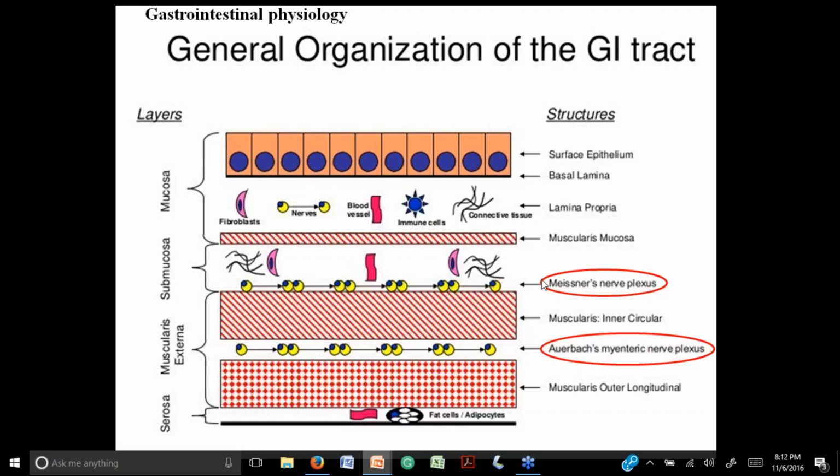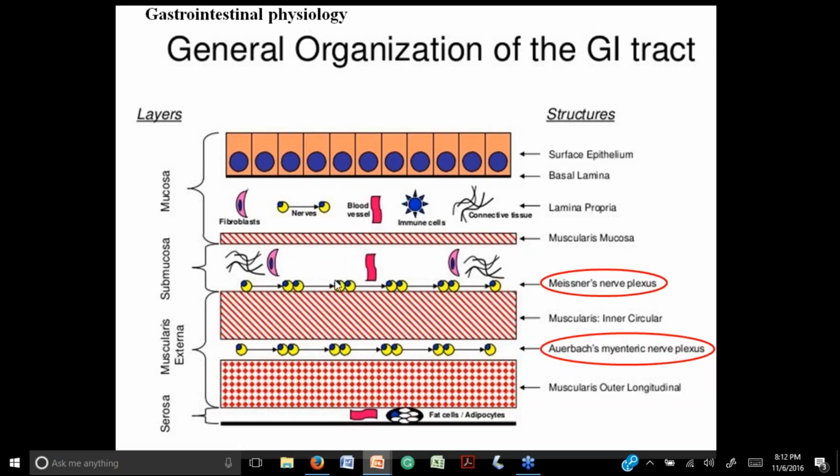What is important to remember, and probably for the next midterm, is that the Meissner plexus is located in the submucosa. These are the ones that are very close to the cells of the mucosa that send the orders or signals to produce the hormones or enzymes.